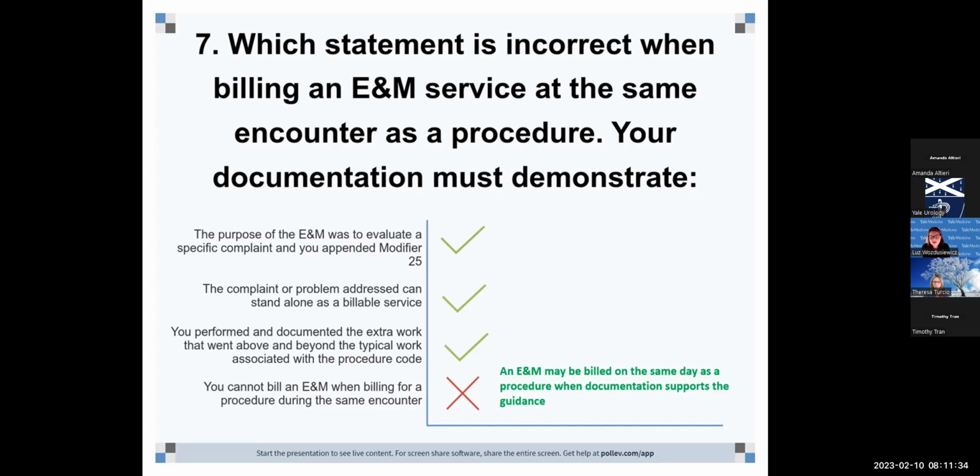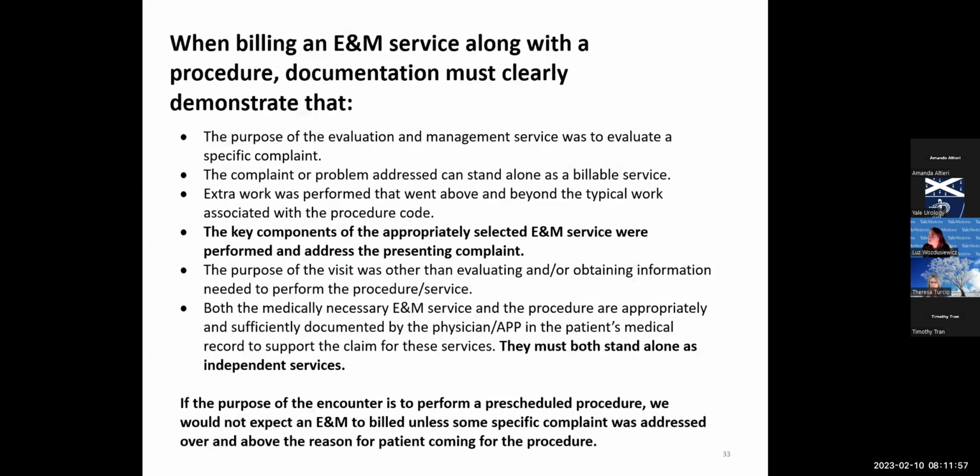However, if during that encounter you identify a new or worsening problem that is being discussed or evaluated and treated, and there is a plan that is associated with the problem, then an E&M may be appropriate. I guess the key is recognizing the extra work. Your extra work is significant. The next slide goes into a little bit more. Yeah, it does. It reiterates everything.